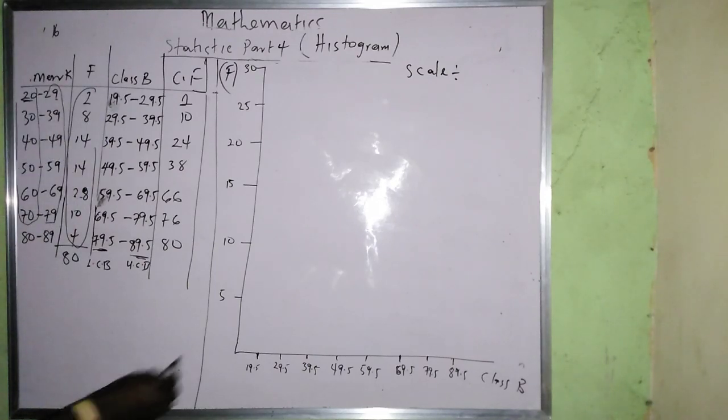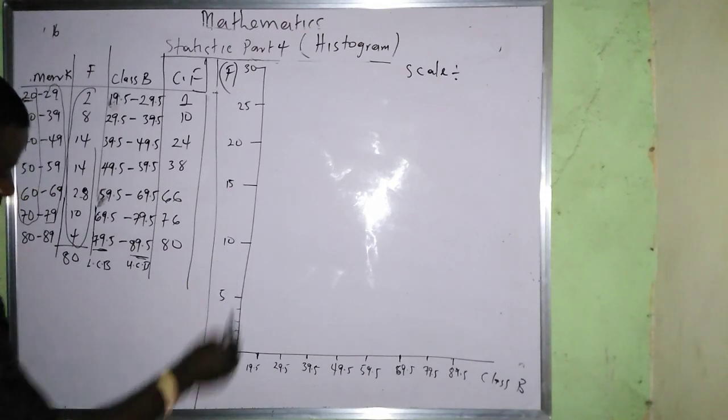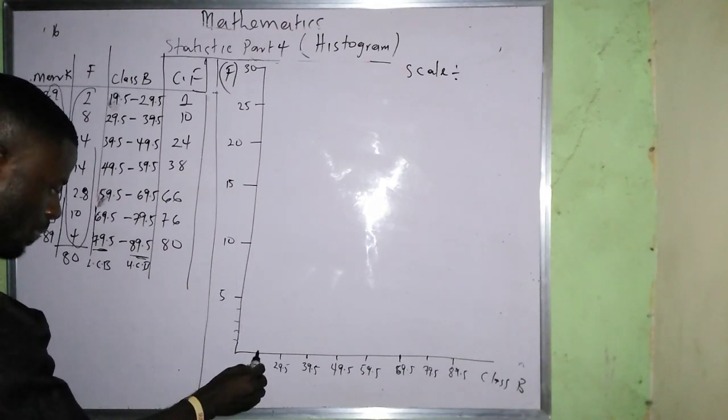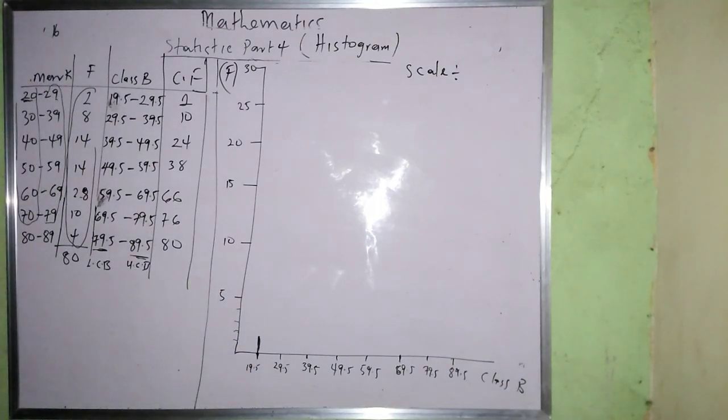Now, since I have this, when I'm at 19.5, it has only 2. This is 1, 2, 3, 4, 5. It means my 2 will be around here. That is number 1. Number 2, when I'm in the second one, which is 29, I'm at 8.